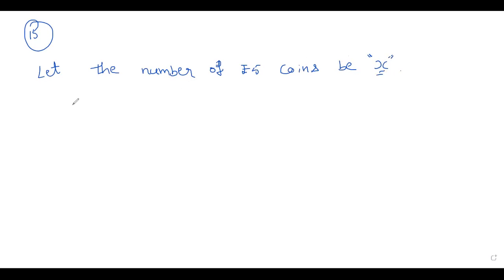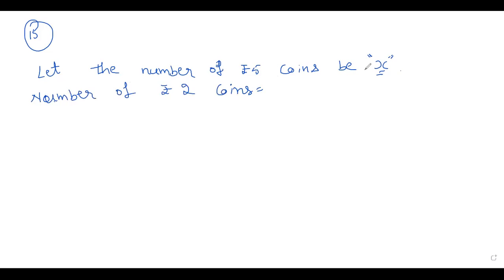So now you can write the number of 2 rupee coins, right? Number of 2 rupee coins is equal to, see what they are saying? It is 3 times the 5 rupee coins.